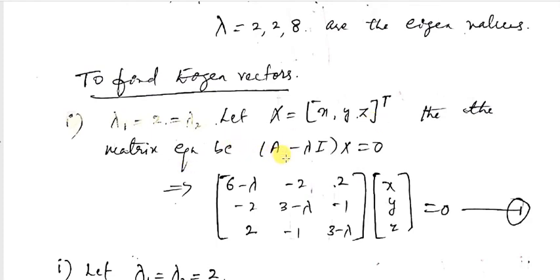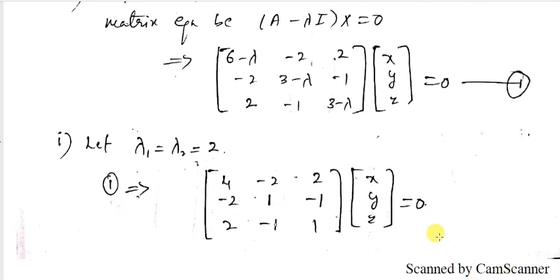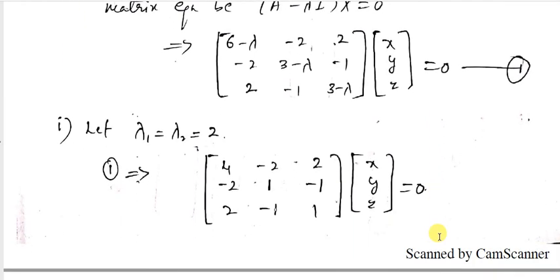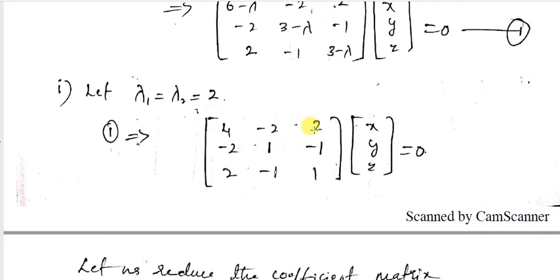Then the matrix equation is A minus lambda I times x is equal to 0. Substituting the repeated eigenvalue lambda 1 equal to lambda 2 equal to 2, this reduces to 4, minus 2, 2, minus 2, 1, minus 1, 2, minus 1, 1 times x, y, z is equal to 0.